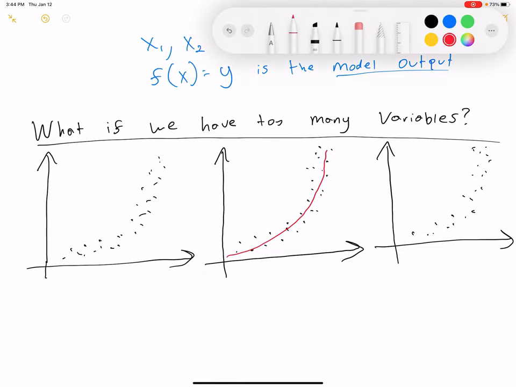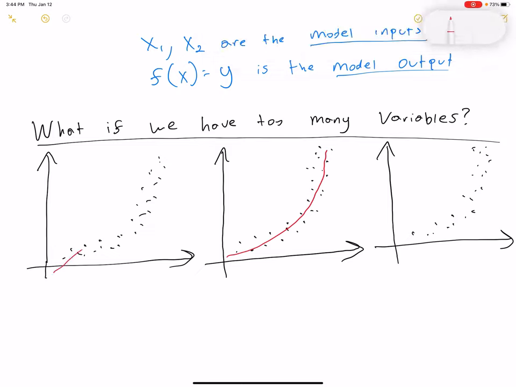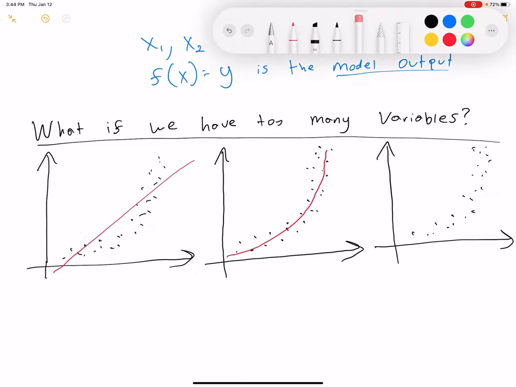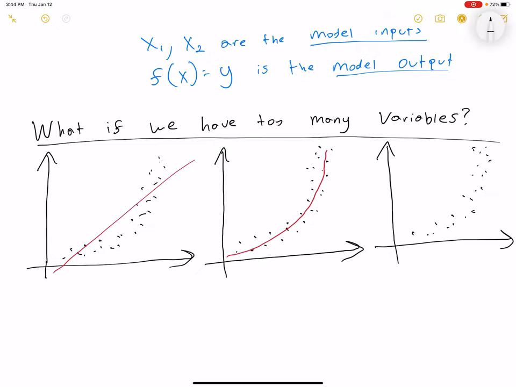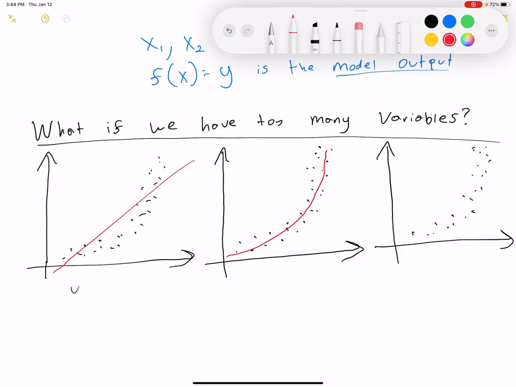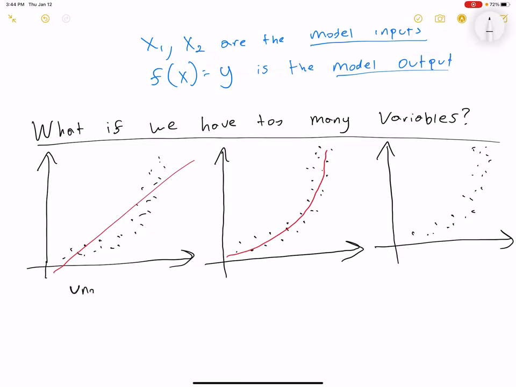We can have something called underfitting, where we're trying to apply a linear model to quadratic data. So let's give this the term underfitting. And sometimes statistics people call this high bias.